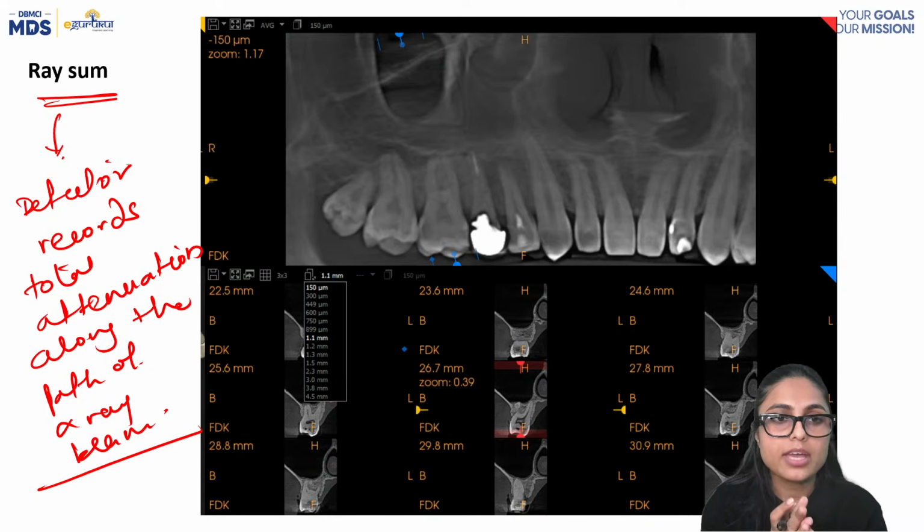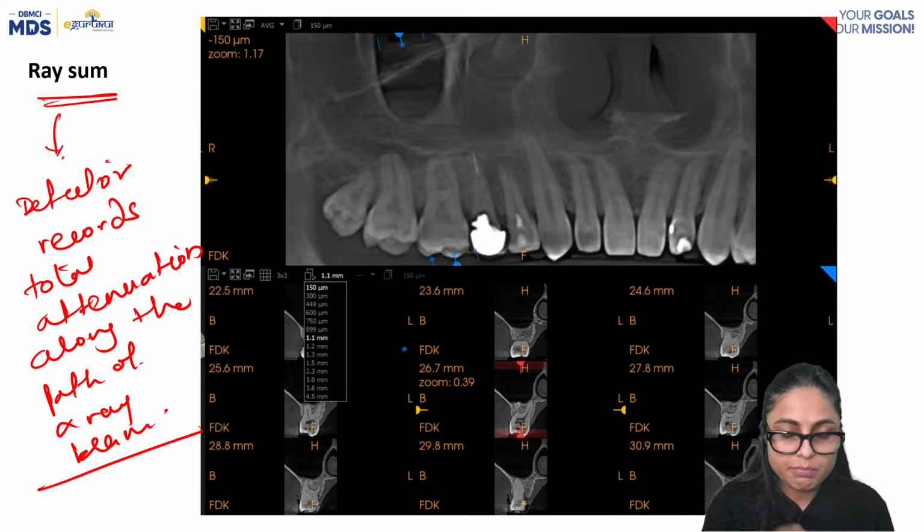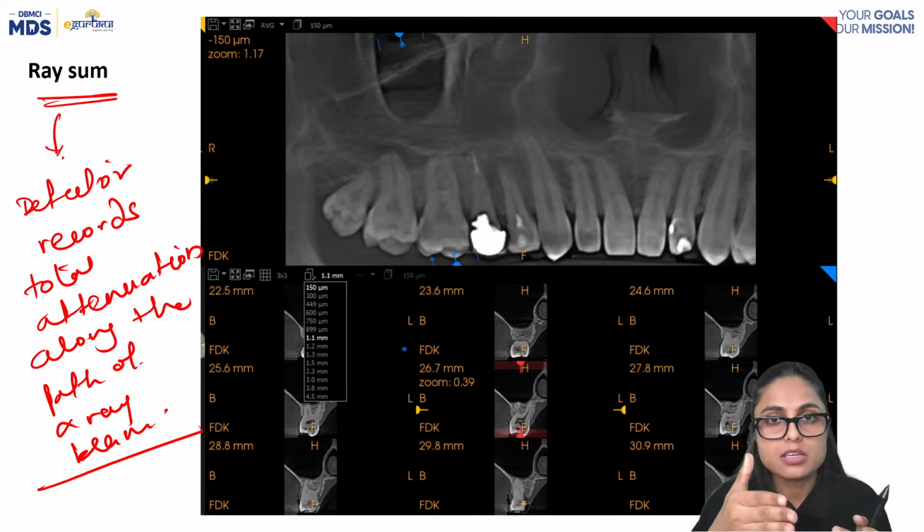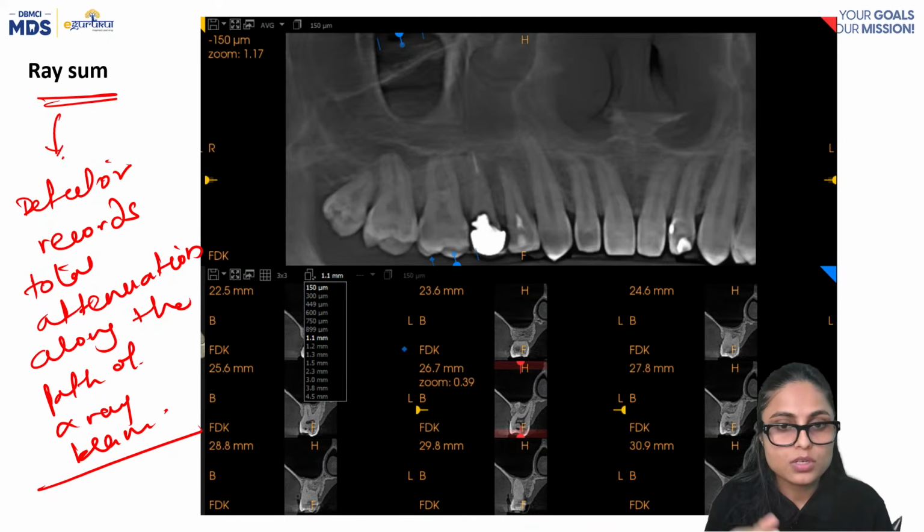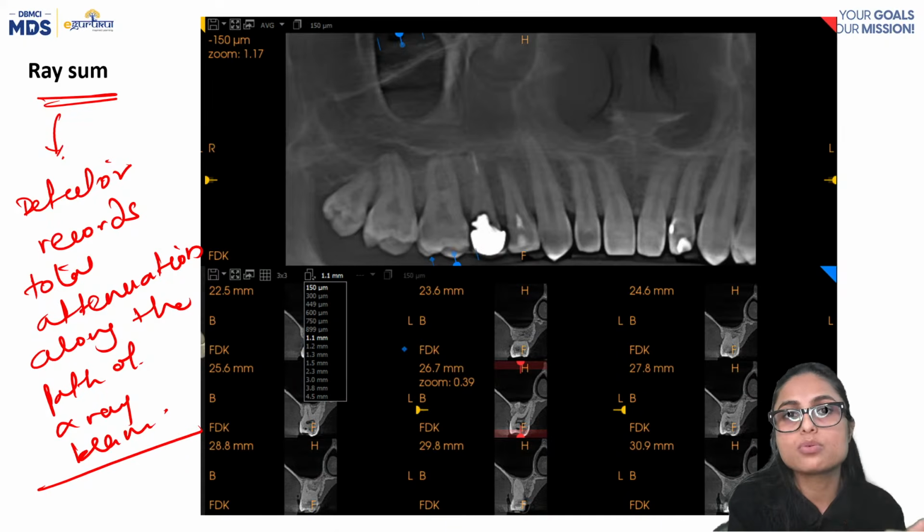Difficult? Detector records means when you pass X-rays through any tissue, the tissue has hard tissue and soft tissues. Hard tissues will block or absorb the X-ray, and soft tissue will let X-rays pass through it.